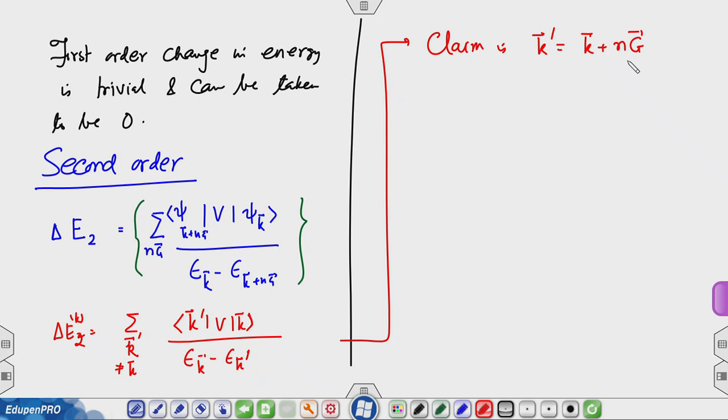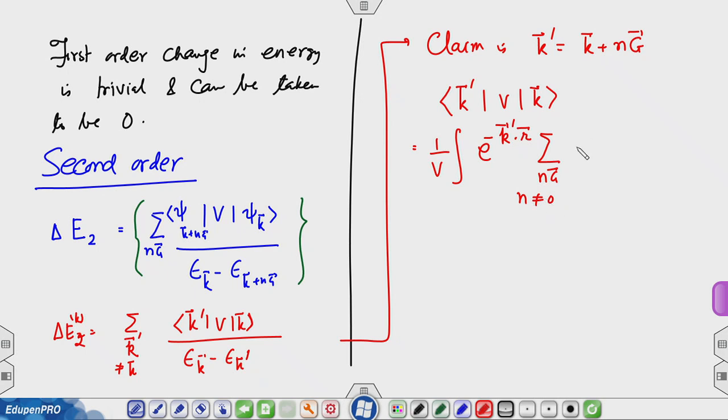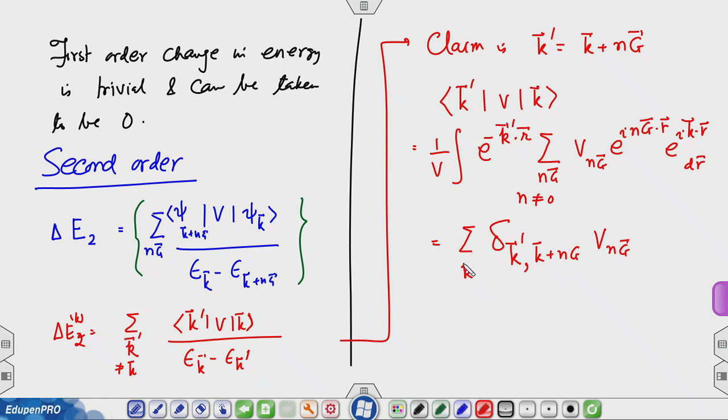Let me show that. So you're calculating k prime V k, which is equal to integration 1 over the volume, e raised to minus i k prime dot r, summation n g, and not equal to 0 because we have taken that 0 term to be 0 anyway, V n g e raised to i n g dot r, e raised to i k dot r, dr. And this is going to be delta of k prime comma k plus n g, V n g, summed over n g.